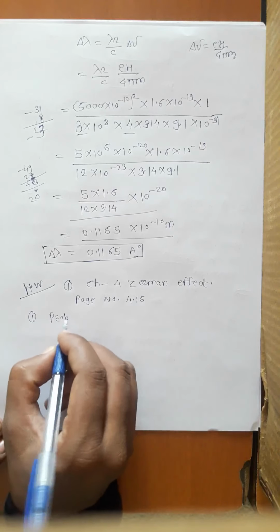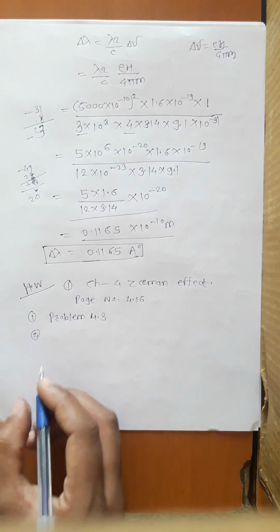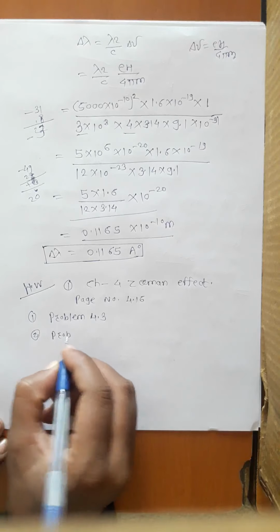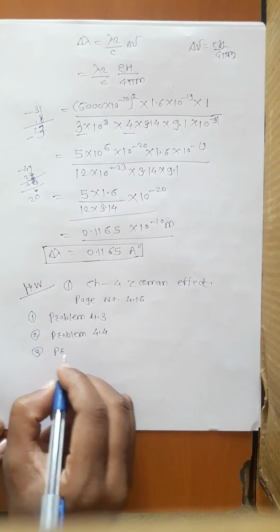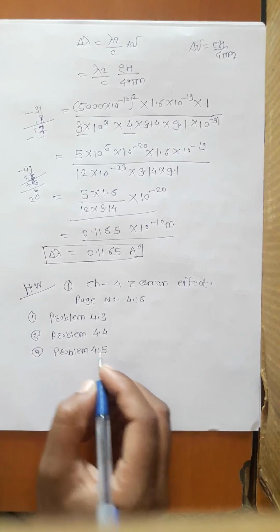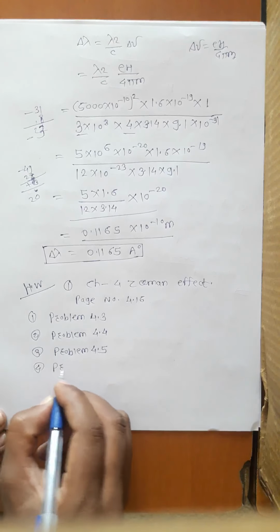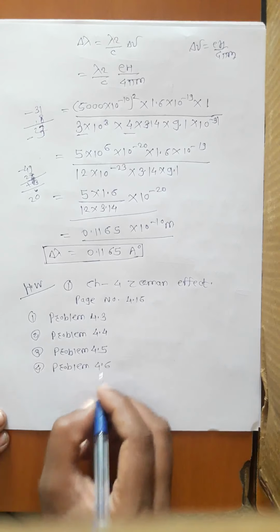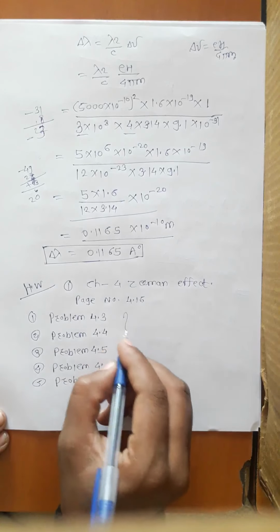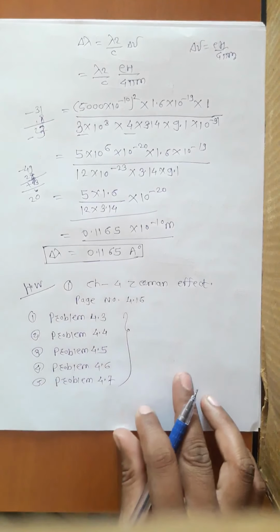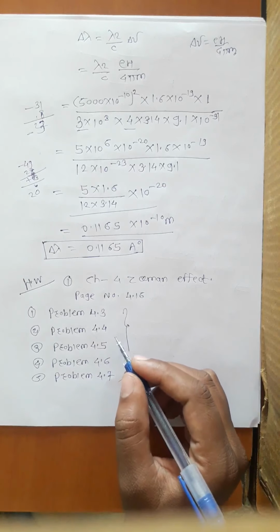The first problem is problem 4.3, the second is problem 4.4, the third is problem 4.5, the fourth is problem 4.6, and the fifth one is problem 4.7. This is all about the homework problems. You have to solve these problems and send the solution in Google Classroom.